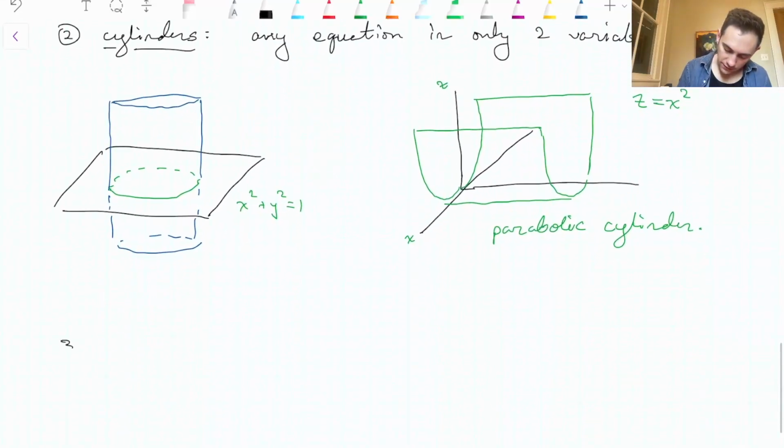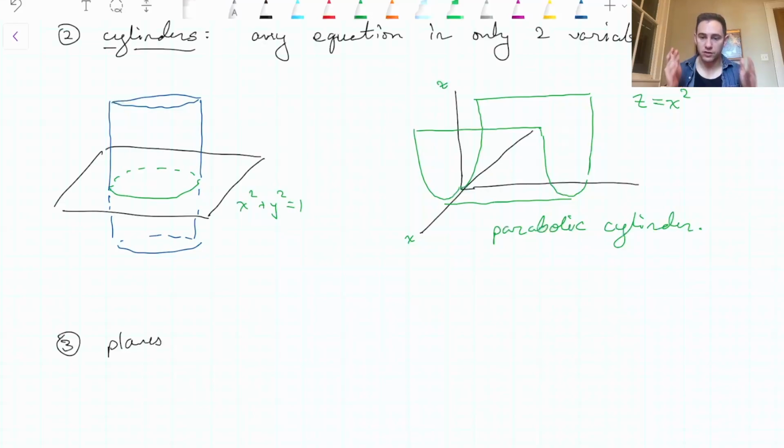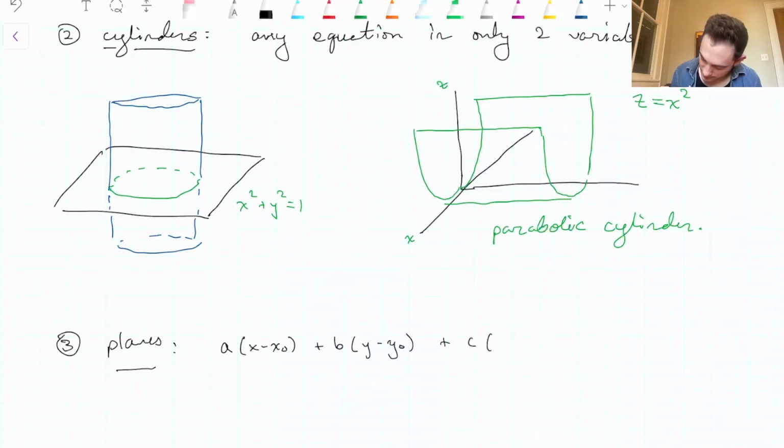We also have, of course, planes. The most fundamental observation in calculus is you zoom in on a graph and it looks like a line. With surfaces, we'll be zooming in on them and observing that they look like planes. So a plane, we talked about a plane having the equation of the form a(x - x0) + b(y - y0) + c(z - z0) = 0.